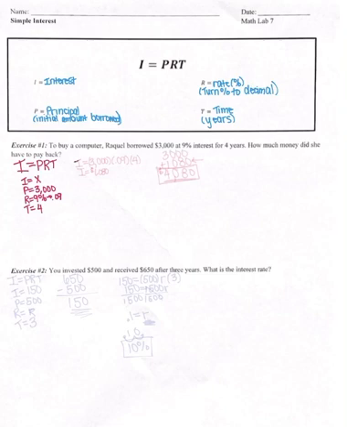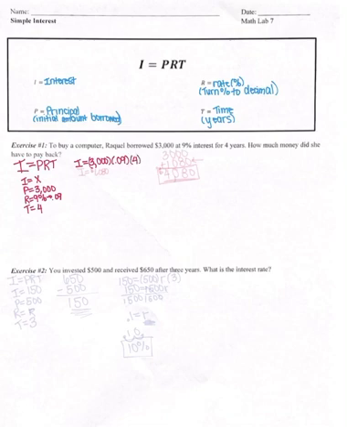So we have I equals P times R times T. Instead of principal, we're going to plug in 3,000, times the rate, which we converted 9% to a decimal as 0.09, times the time, which we said was 4 years, so we're going to plug in 4.